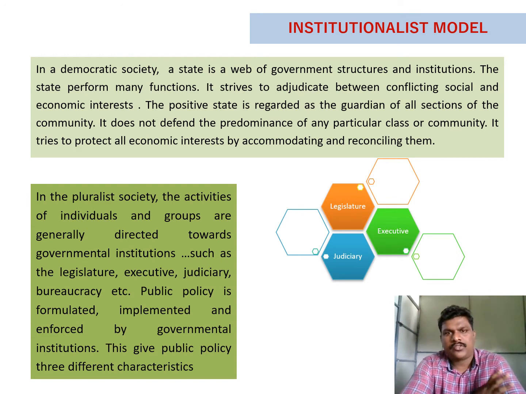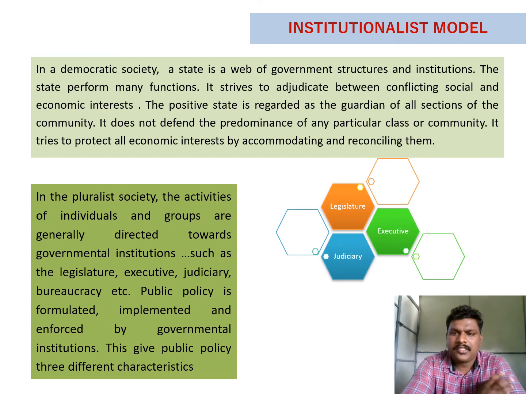So, in a democratic society, a state has elements like sovereignty, territory, population, and government. Government has many components: legislature, executive, judiciary, bureaucracy, offices, political system, interest groups, political parties.